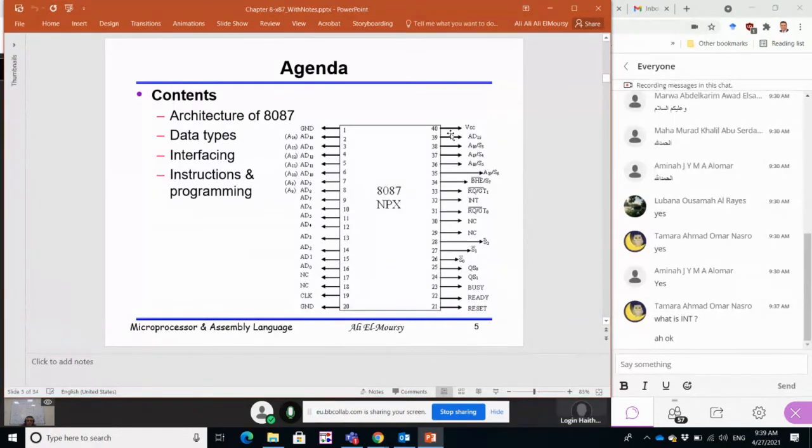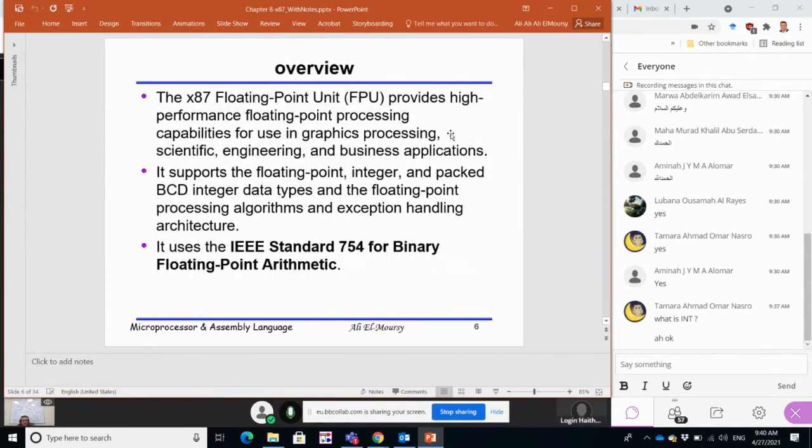Throughout this chapter, we want to go over a little bit about the architecture, which we have almost done, what data types are supported by the 8087, how to interface with the 8087, and some instructions and programming. We learned some of that. We will start actually with the last part, which is the instructions and the programming.